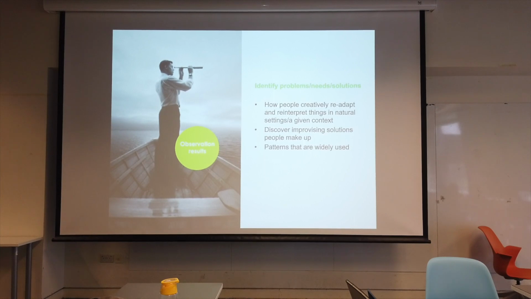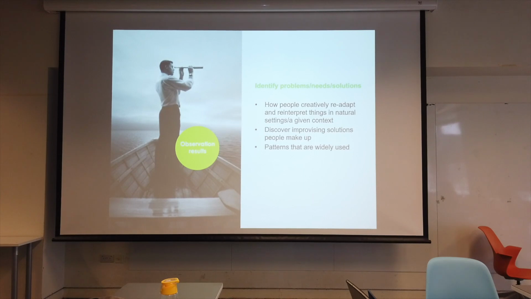Of course, one thing you have to study is the competitor analysis, the previous version, the material. But the other thing you need to see is how people interact with the existing product, existing design, right? So again, you want to identify how people adapt or reinterpret things in a real setting.